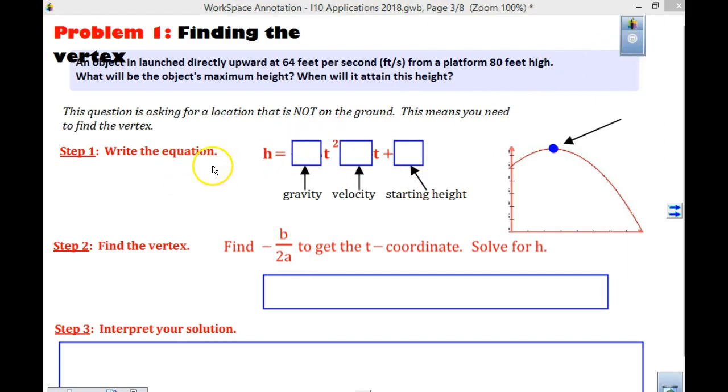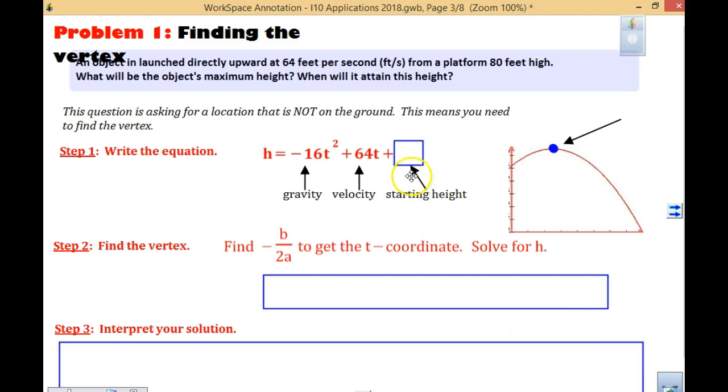So we want to start off, we want to write our equation. Because of gravity, it is going to be negative 16 t squared. Because our object is launched and we know it's going upward at 64 feet per second, that is going to be our velocity, 64 t.